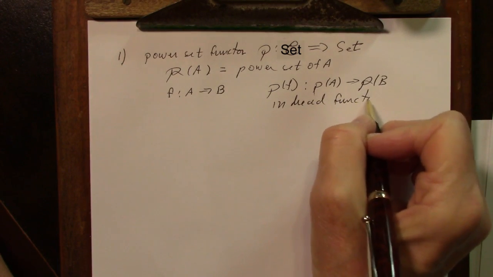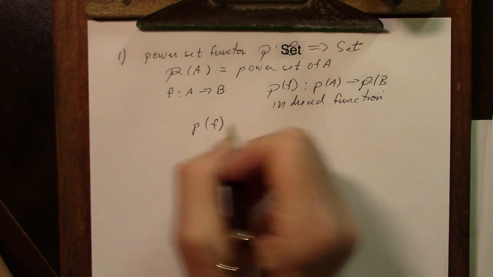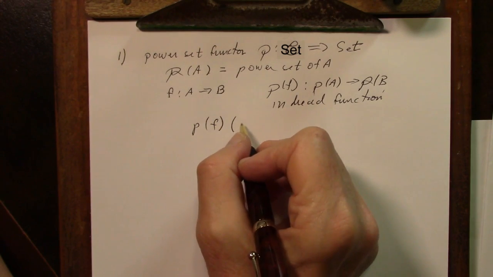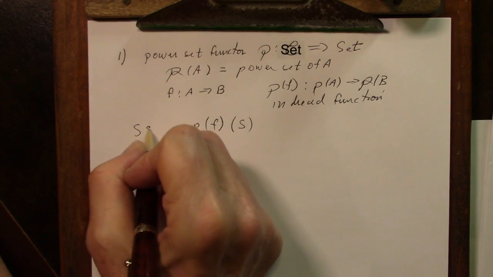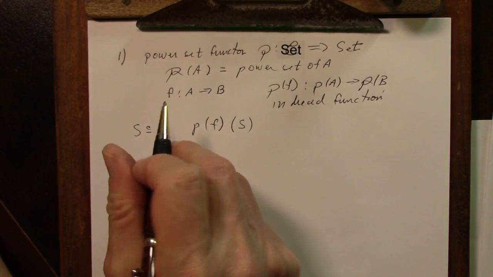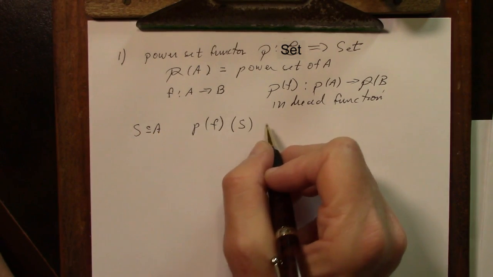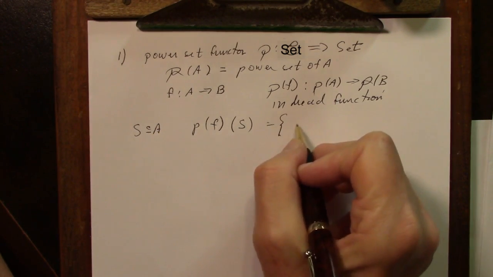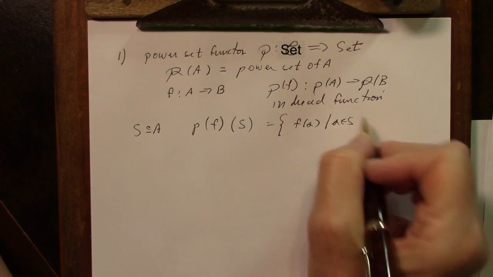So what is the induced function? Pf just takes a subset S, so S is a subset of A, then this is the set of all f of s, s in S.